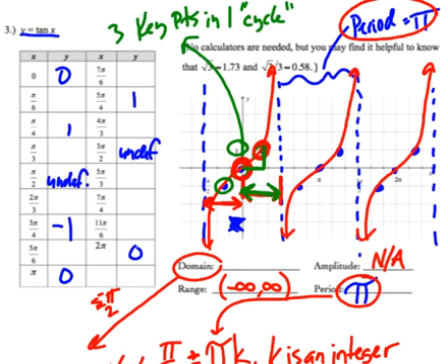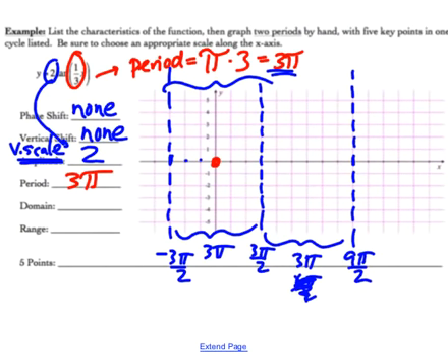So let's go back and put that in here. We're going to go halfway to our vertical asymptote to the right, and we're going to go up 2. That one is going to have an interesting coordinate point because remember this one is pi over 2. That's our scale here. And this one is at just pi.